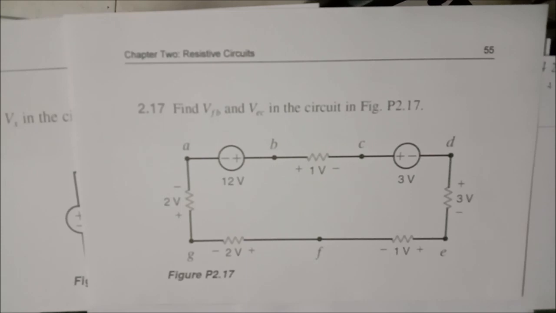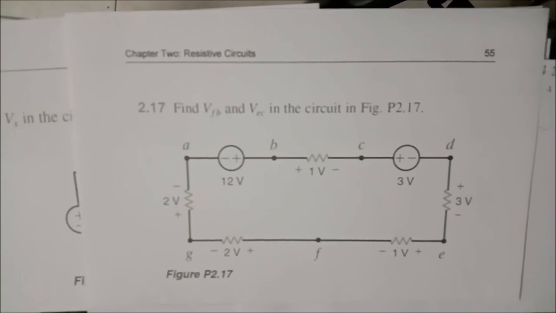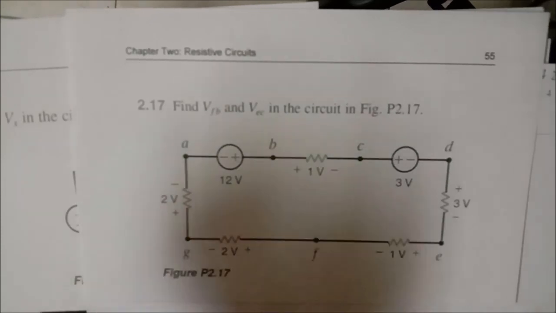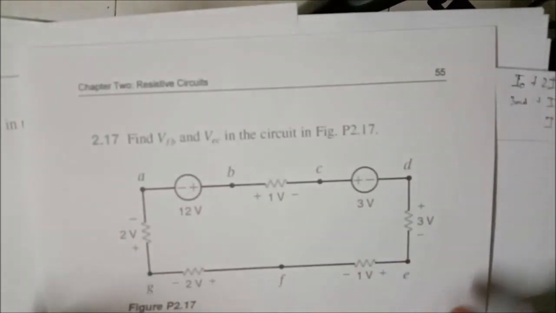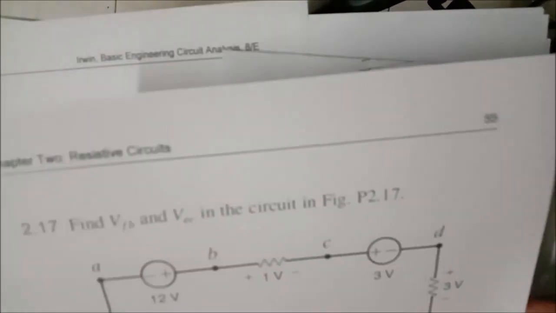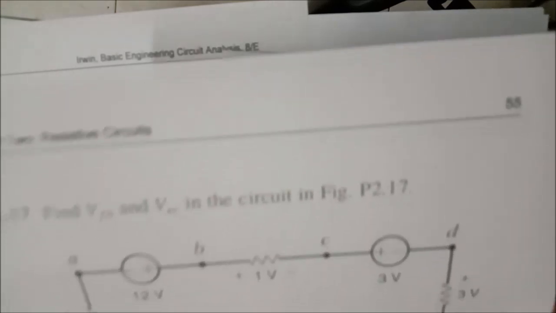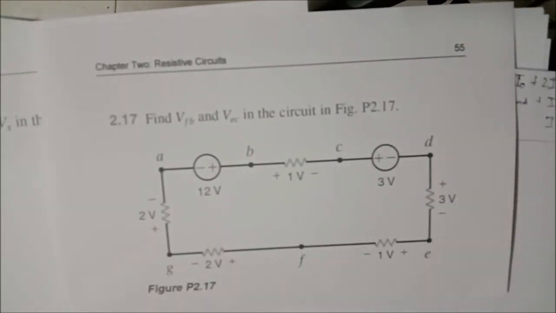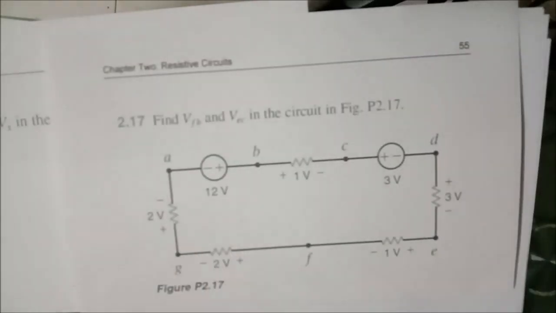Okay, ito naman yung ating figure. Find V sub FB and V sub EC. Okay. So, ito naman yung ating KVL sa circuit na to. So, hinahanap natin si V sub FB at si V sub EC.